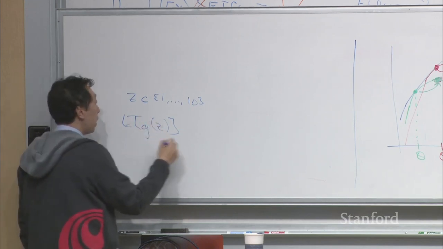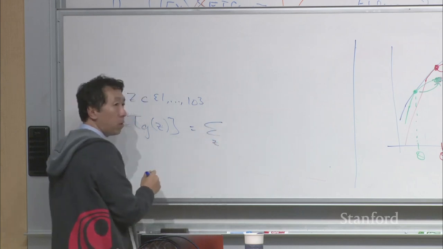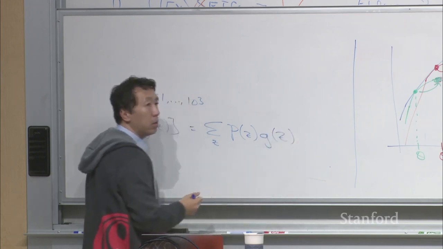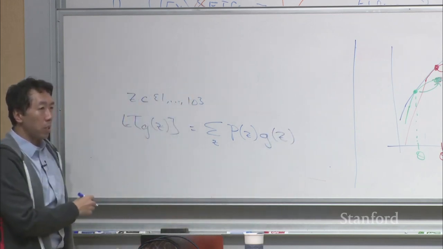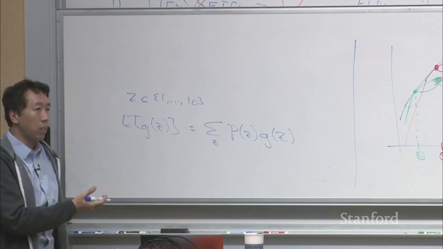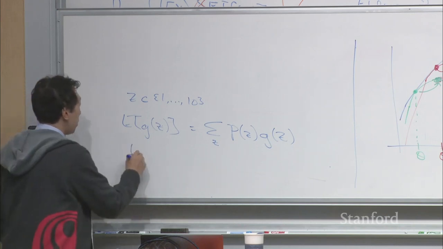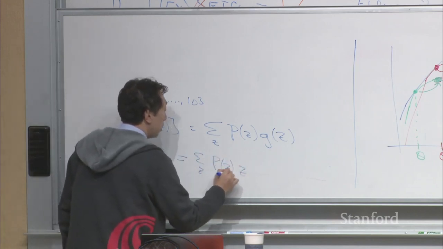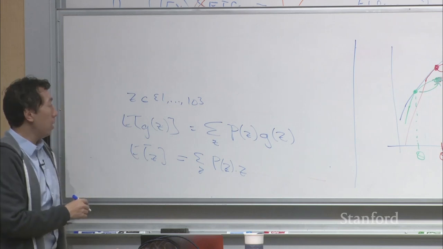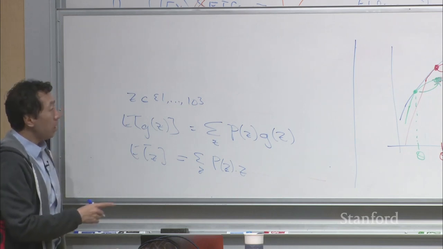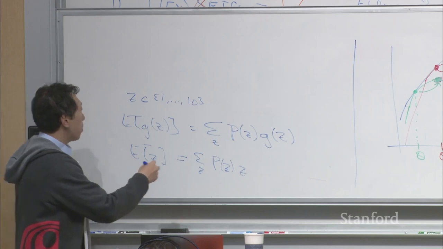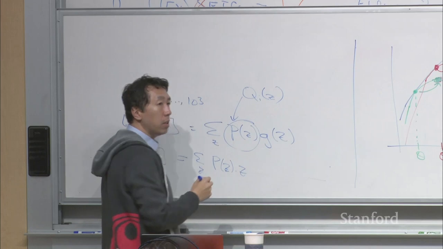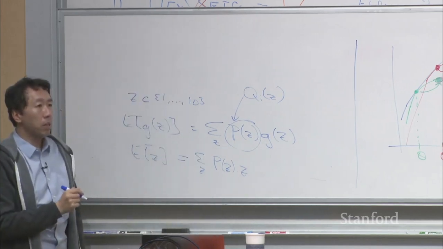Then the expected value of g of z is the sum over all the possible values of z, of the probability that you get that z, times g of z. That's what the expected value is of a function of a random variable. And the expected value of z is the sum over z of p of z times z. That's the average of a random variable. And so in the notation that we have, the probability of z taking on different values is denoted by Qi of z, which is why we wind up with that formula.